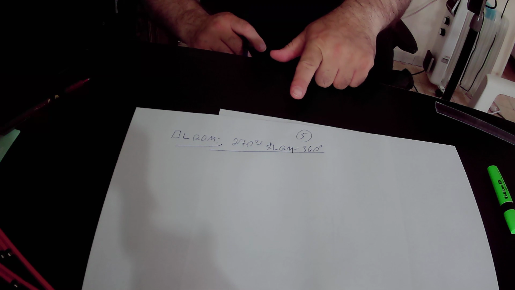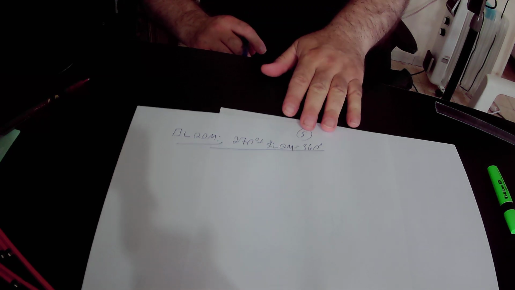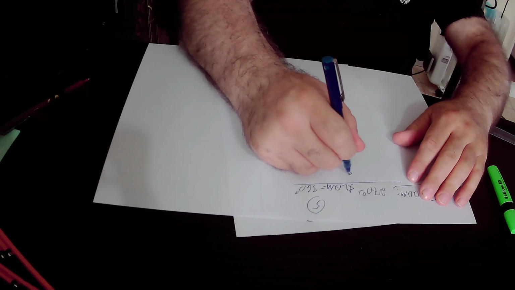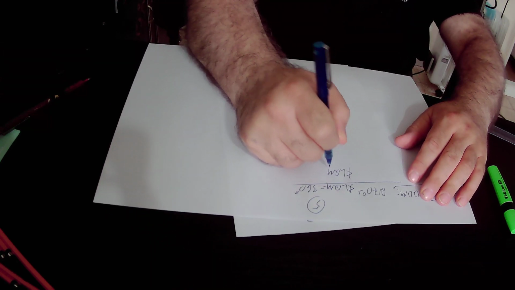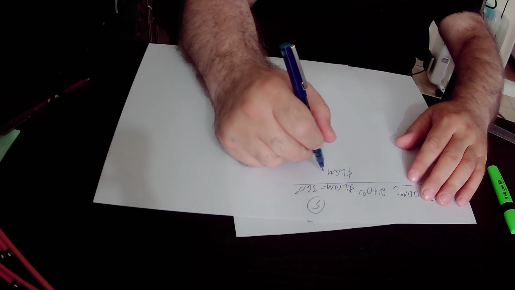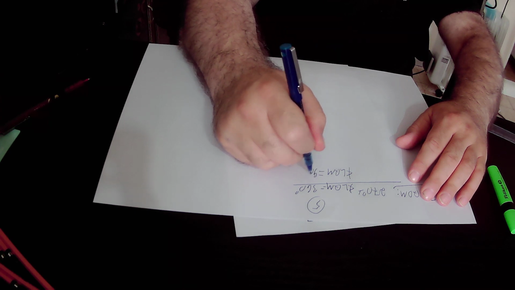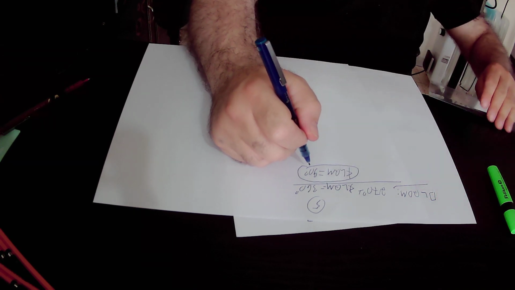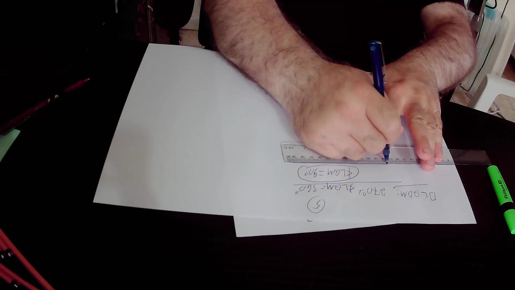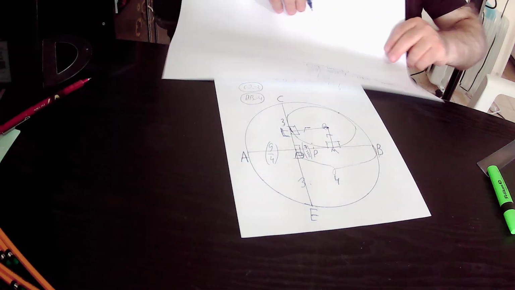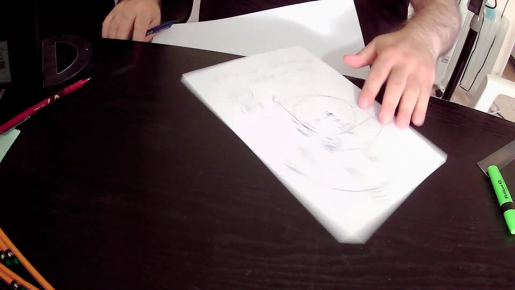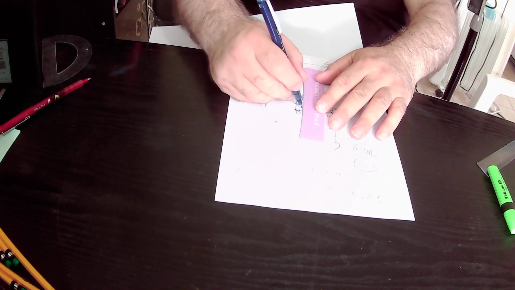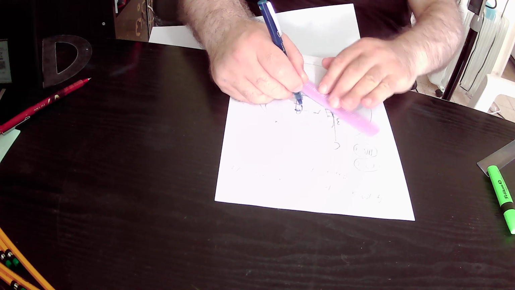Here we'll subtract 270 degrees, and we get that the missing angle, angle LQM, is equal to 360 degrees minus 270 degrees, which is 90 degrees. That is to say, angle LQM is a right angle, equal to 90 degrees.